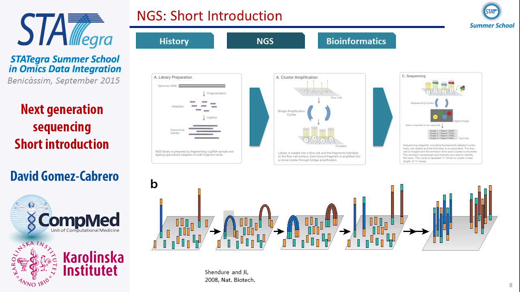That's why you have two adapters: they bind, replicate, go back, bind, replicate, and eventually you have a set with exactly the same sequence close by, and you are able to sequence them because you get enough signal.